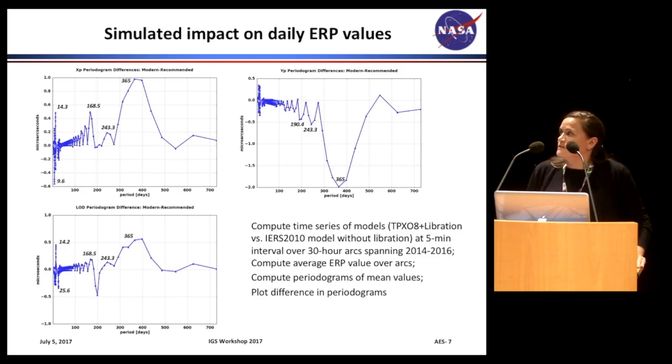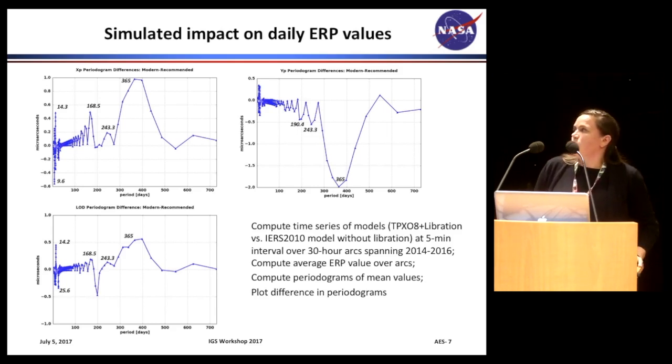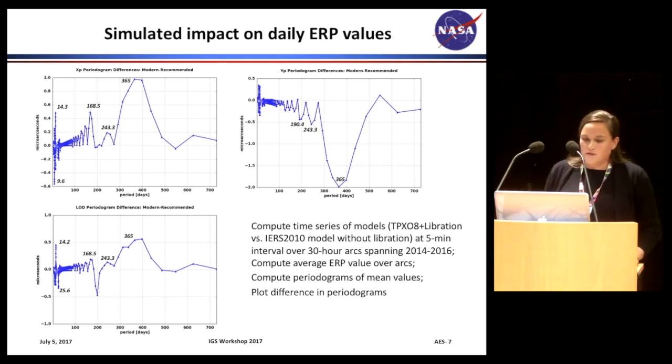So the way we proceeded was to compute time series of the model, again TPXO8 and libration versus the IERS 2010 model without libration, at 5-minute interval, which is our data rate, and over 30-hour arcs, because that's our standard arc length at JPL. Then we computed the average ERP values over each arc and computed the periodograms of the mean values, and then we plot the difference in the periodogram. So this is what you are seeing here.